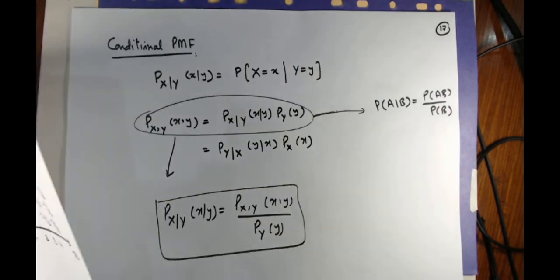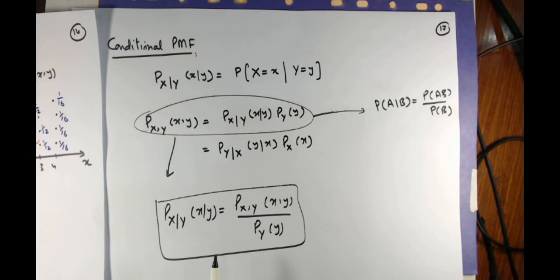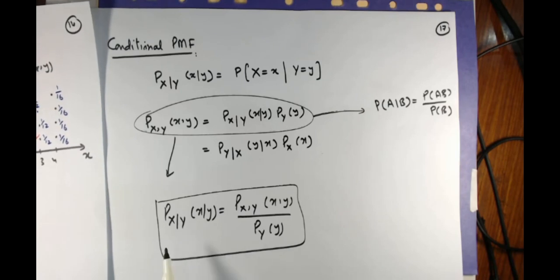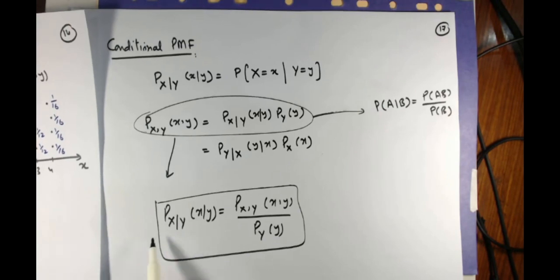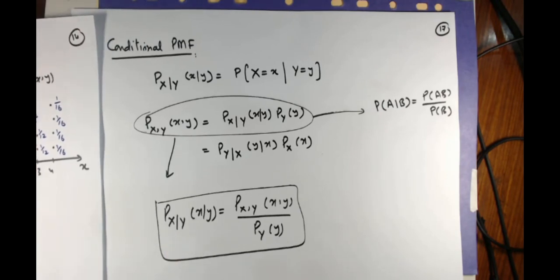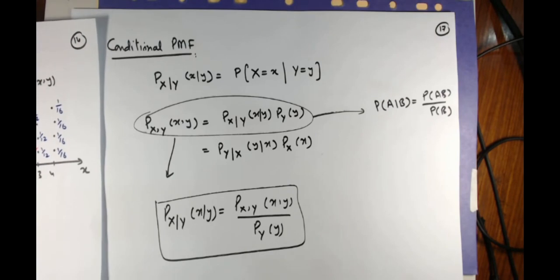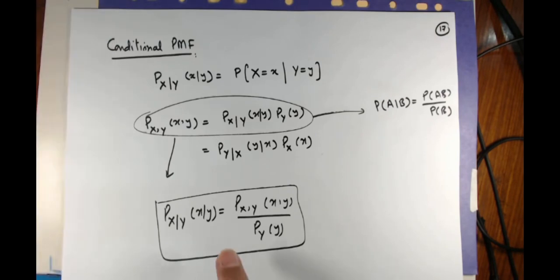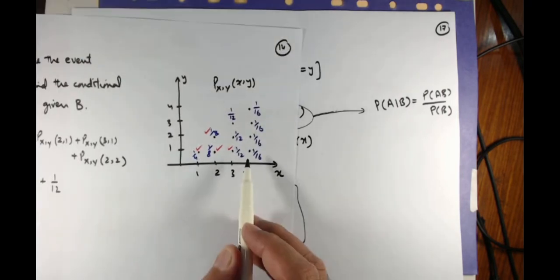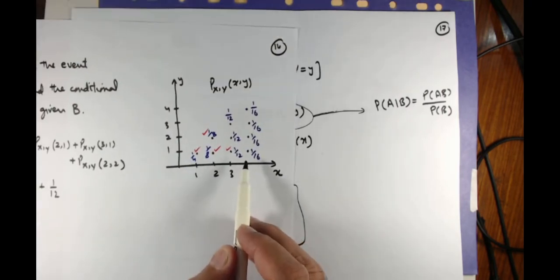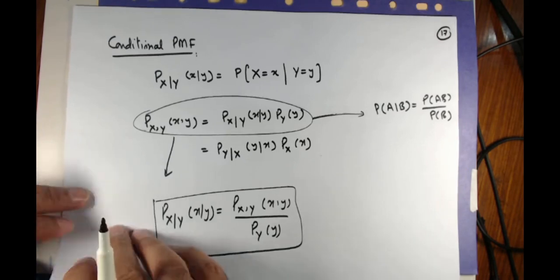The previous one was the joint distribution and the joint conditional distribution. Now this is the conditional distribution of X only, so it should result ultimately in a probability distribution of X only. We'll use this particular formula and the same example. So let's see how we can move about it.